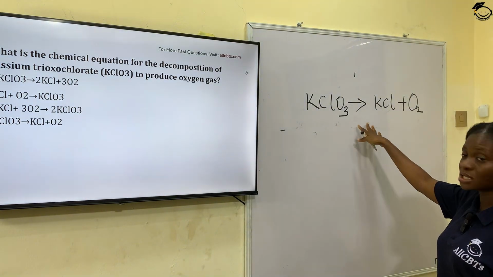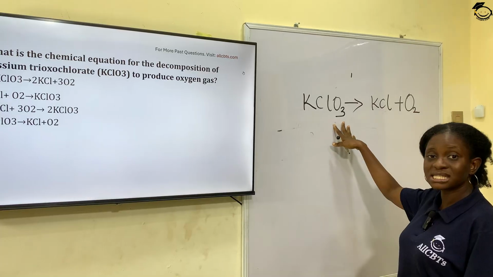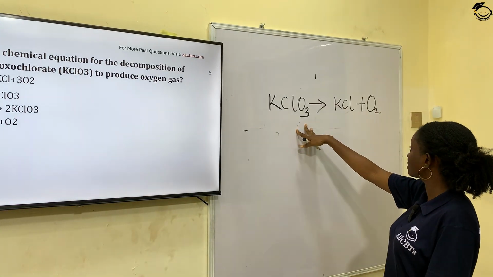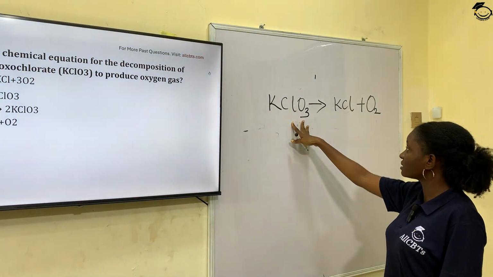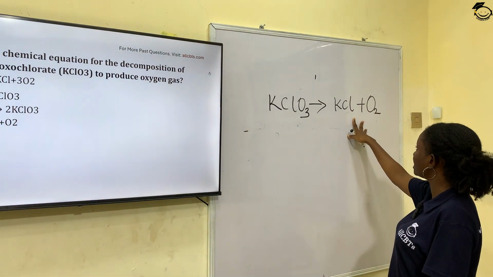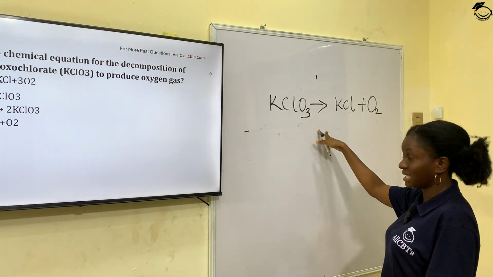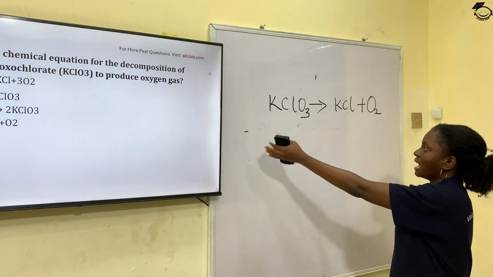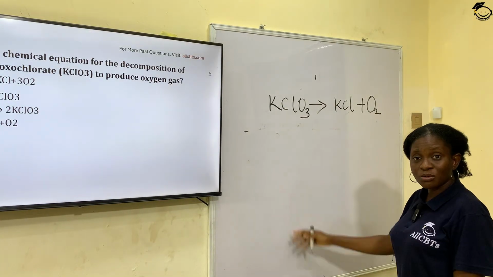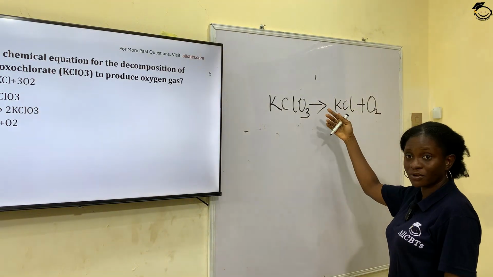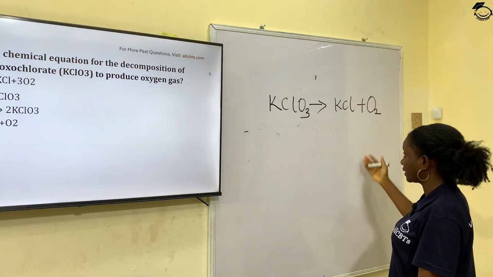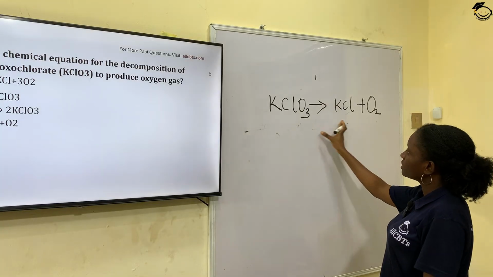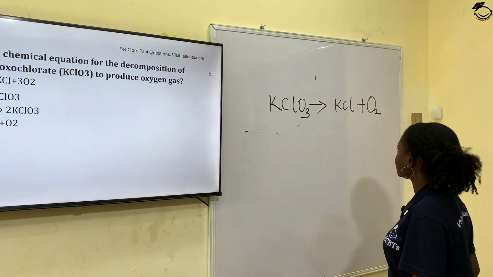If you look at this equation, you can see that the product and the reactant, especially for oxygen, is not balanced. That means the number of oxygen at this side is not equivalent to the number of oxygen at the other side. So how can we balance this equation?